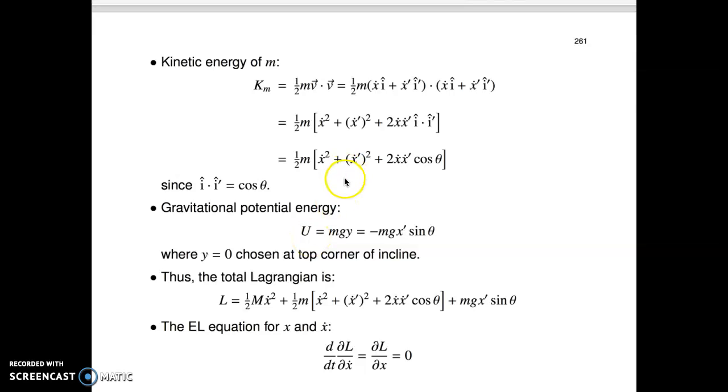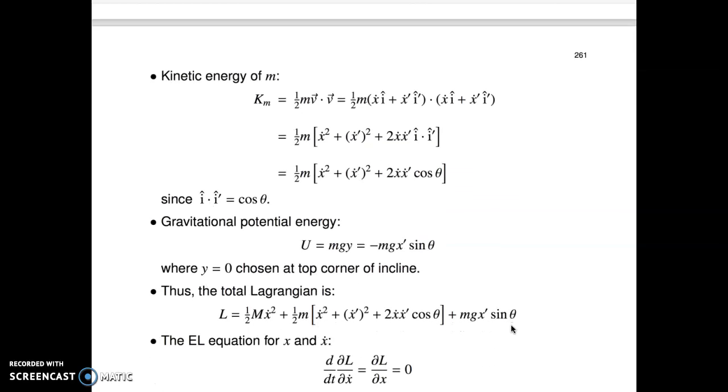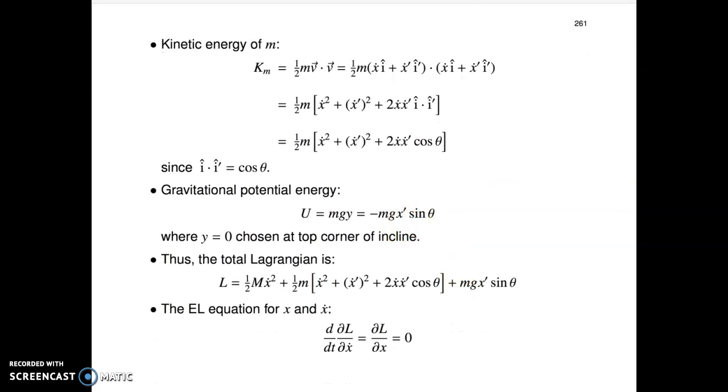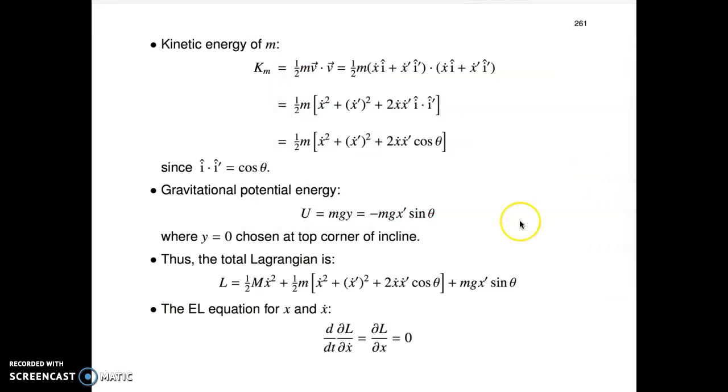The kinetic energy, remember, is two terms, because we have two masses. For the potential energy, we only have one term because the vertical position of the triangular mass is not changing. Only little m is changing its vertical position. So only one term for the potential energy.